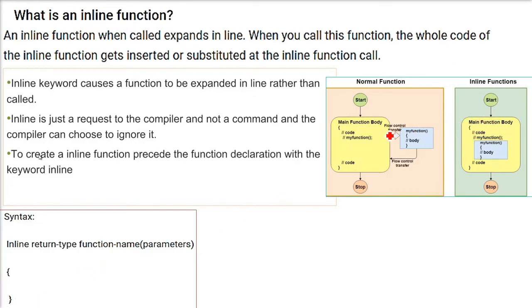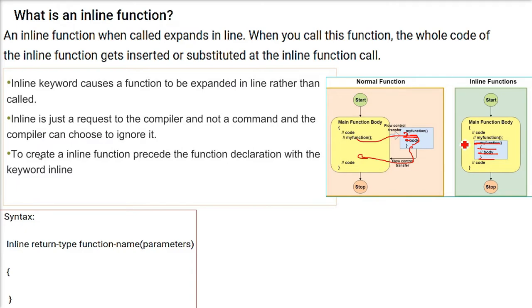So as I was telling you, in a normal function, control will go, control will come back. Here you will call the inline and those lines inside the function will be embedded. So you have to use the inline keyword.